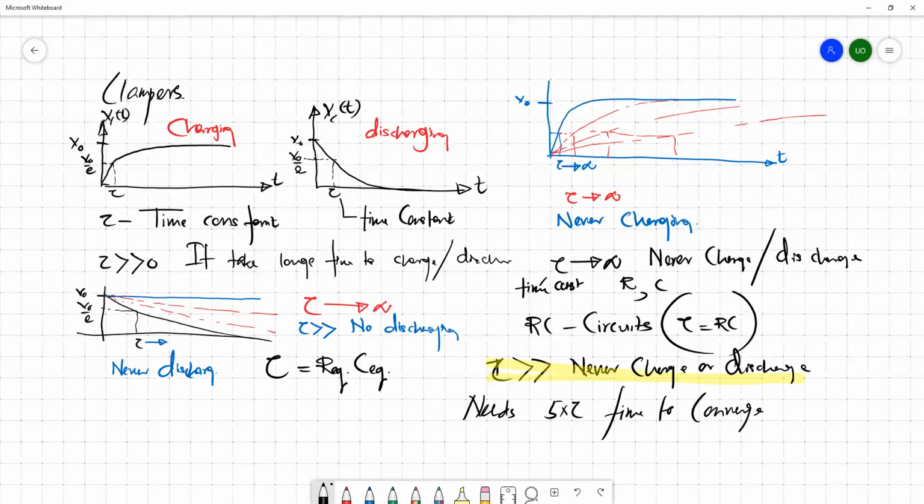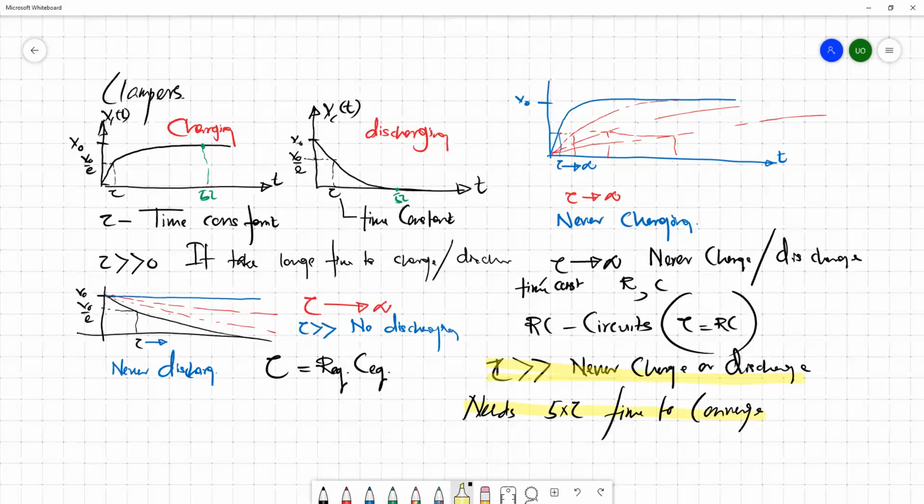So if you mark it, this may be the 5 tau where it converges to its maximum, and similarly this may be the 5 tau for discharge. This is a fact found in practical circuits. If the product of RC is pretty high, there won't be any charging or discharging in the circuit.